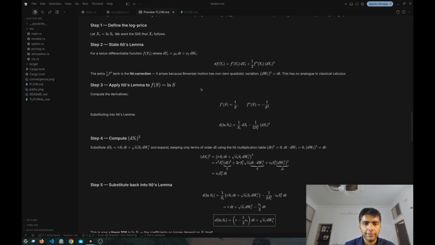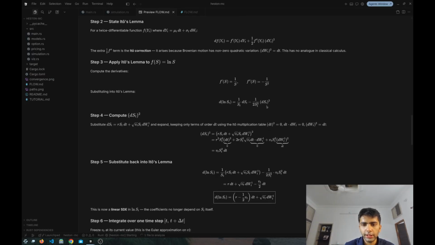So we assign f equal to ln S, and derive it. The first derivative of ln S is 1 by S, and the second derivative is minus 1 by S squared. We simply substitute these values in our Taylor expansion, and we have this equation.